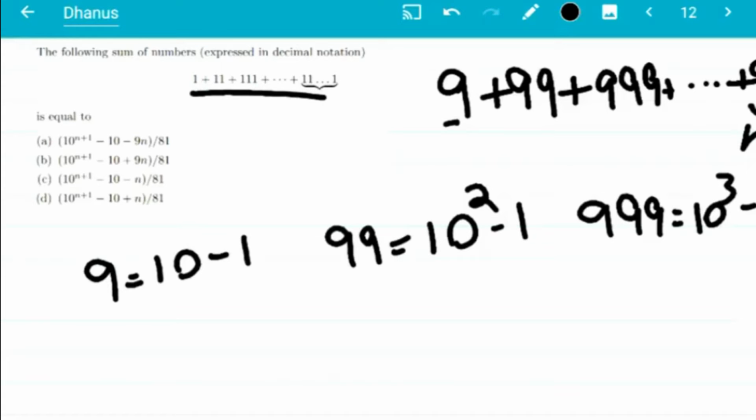Yeah, and in a similar way we can write this and all divided by 9. There will be a 9, we have multiplied and divided this term with 9.